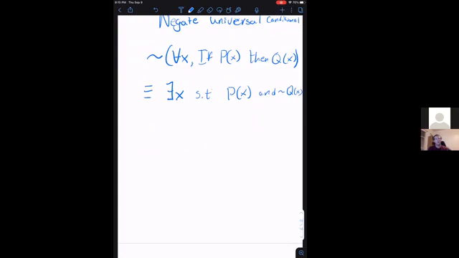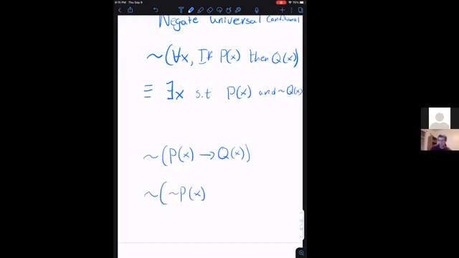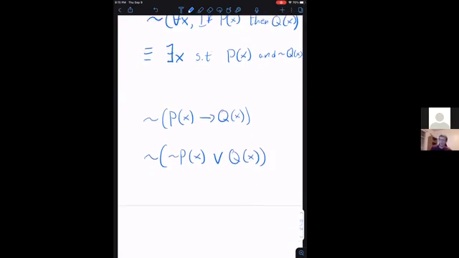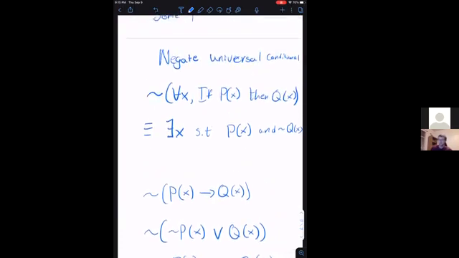Okay, so the negation of P of X then Q of X, okay, is really the negation of not P of X or Q of X. So if I were to negate this, I get P of X. Okay, so logically equivalent to P of X and not Q of X. Okay.